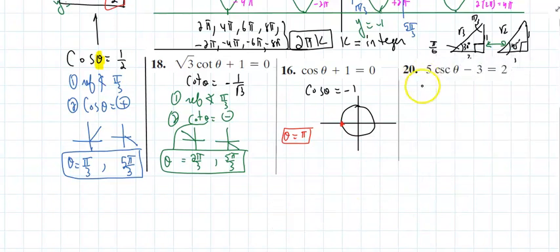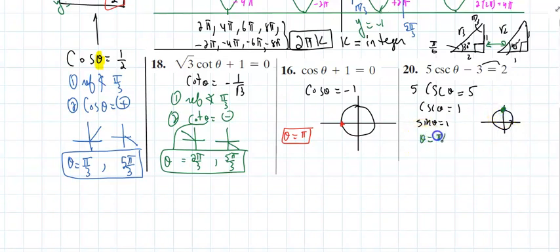Again, it's a trig equation. I need to isolate the trig function by itself. If I add 3 to both sides, cosecant of theta will equal 1. Well, keep in mind that's when the sine of theta equals 1. This is another special case that only happens in one place, right there. So my angle will be theta equals pi over 2, and that takes care of it.